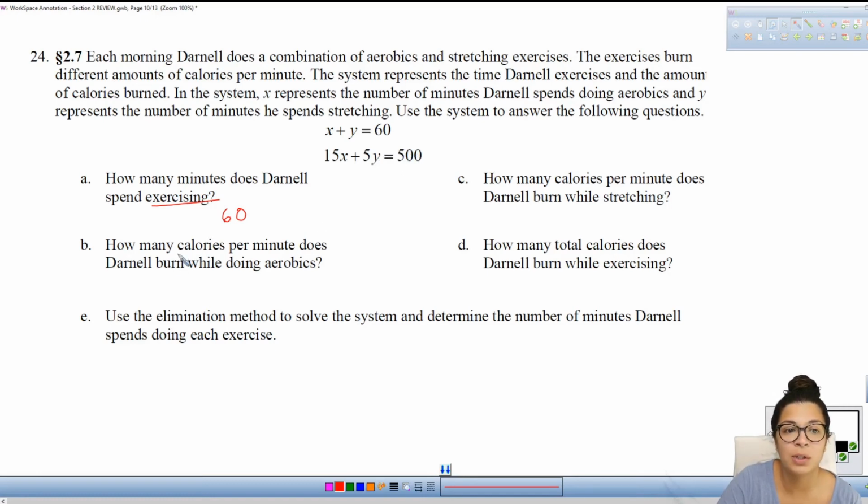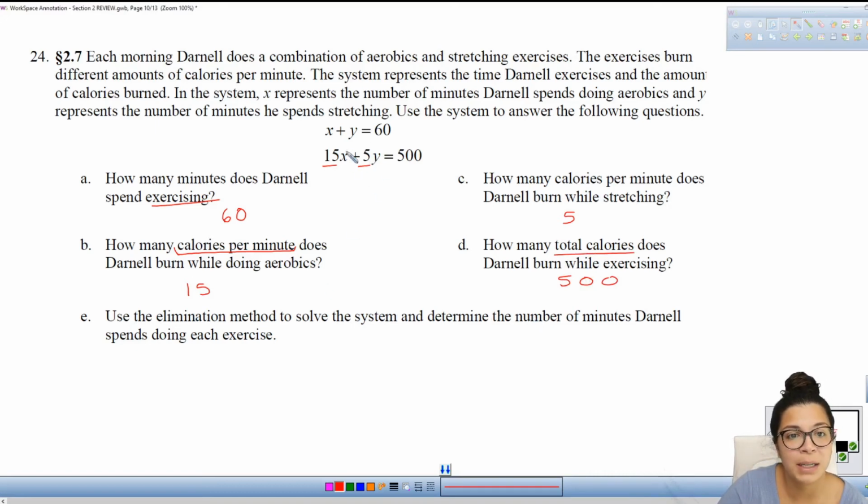But the question is how many calories per minute does he spend doing aerobics? So that would be the 15. And then how many calories does he burn stretching? So that would be the other coefficient, which is 5. And then how many total calories does he burn? That would be 500.